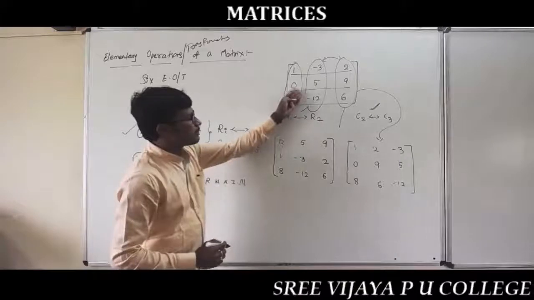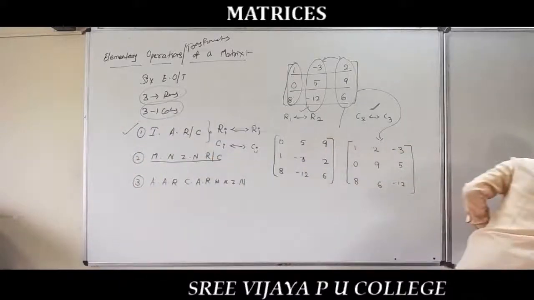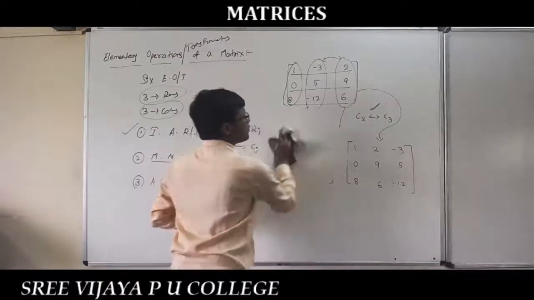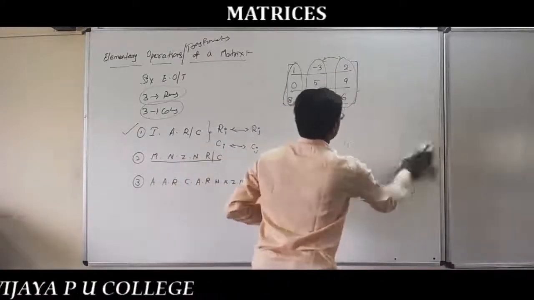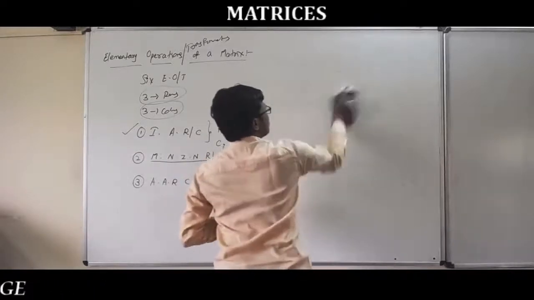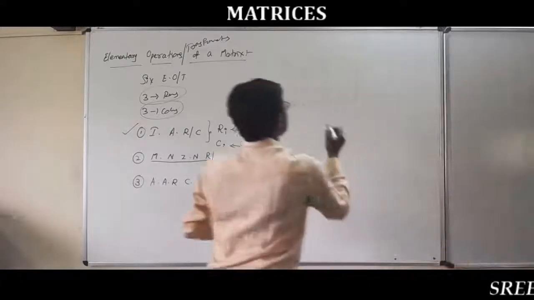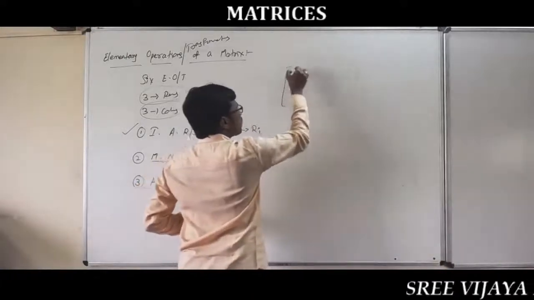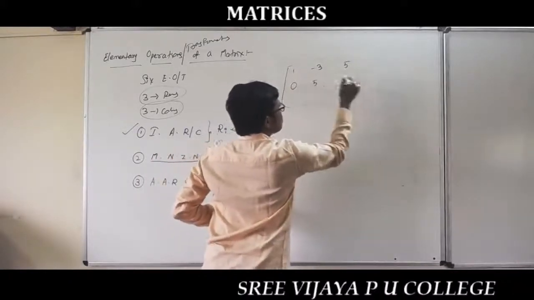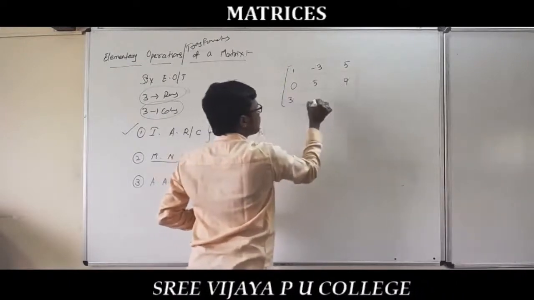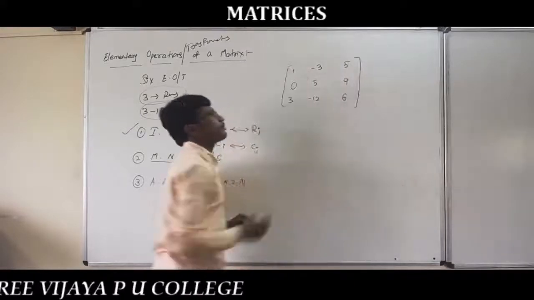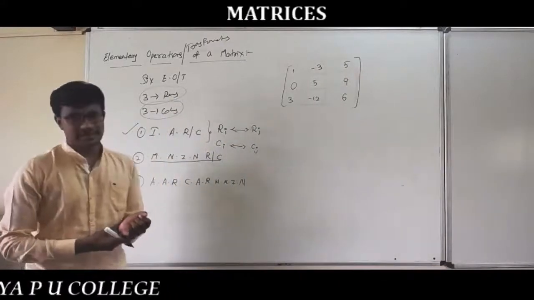For that, let us take a similar example. Let us take the square matrix: 1 minus 3 5, 0 5 9, and 3 minus 12 6.